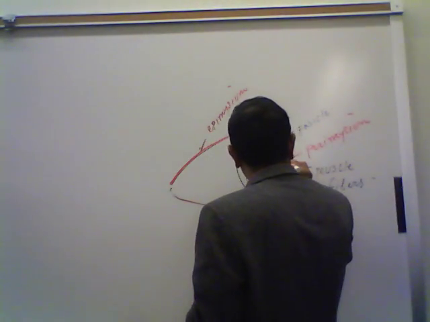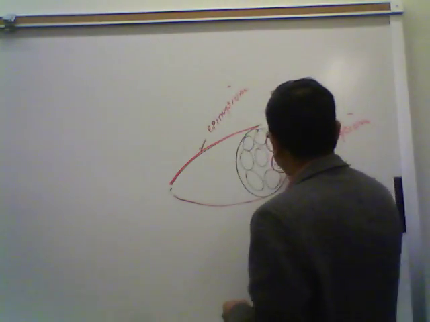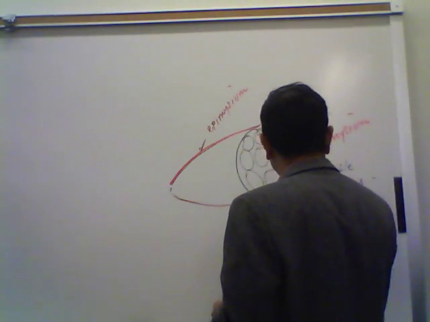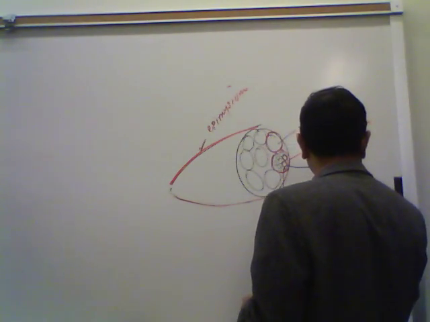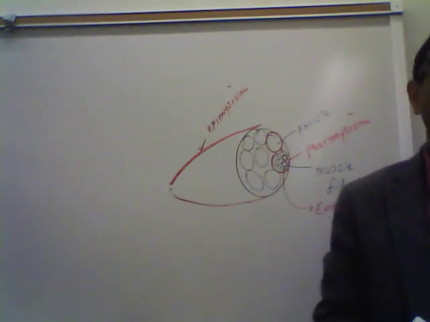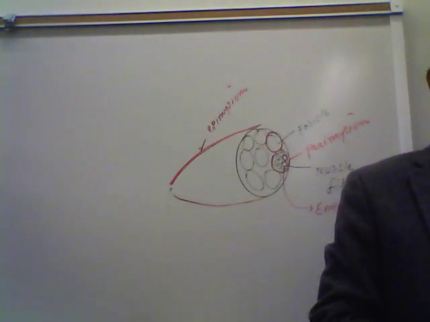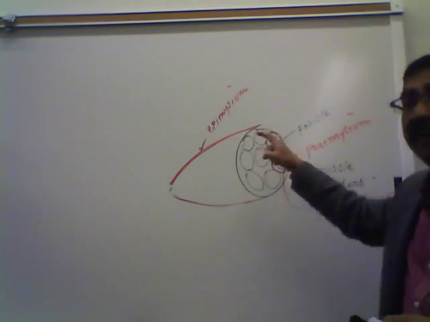Again, each muscle fiber has connective tissue covering, and the covering of the muscle fiber is called endomysium. Okay, so each muscle fiber is covered by endomysium.